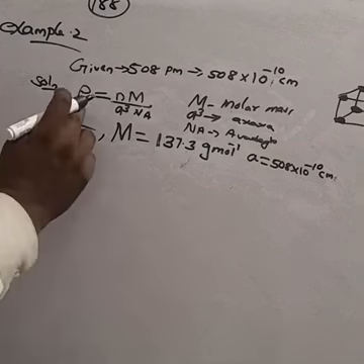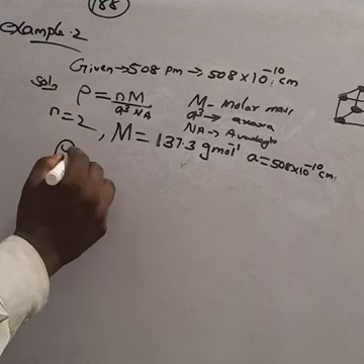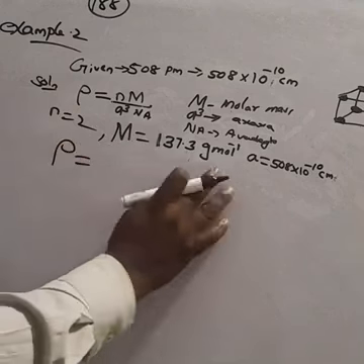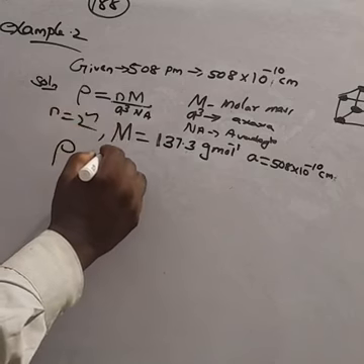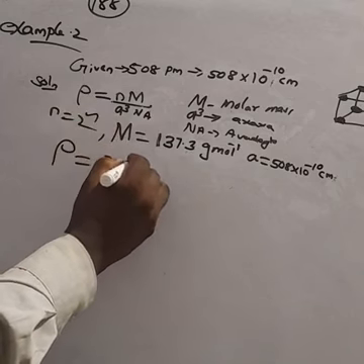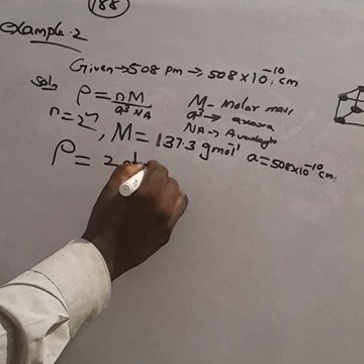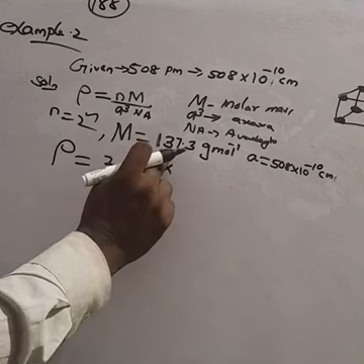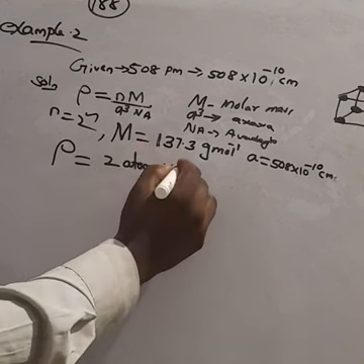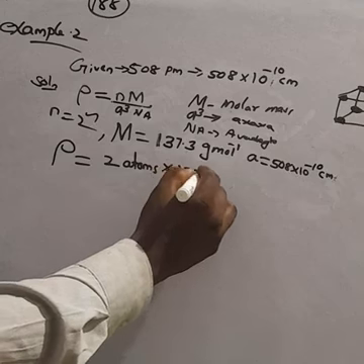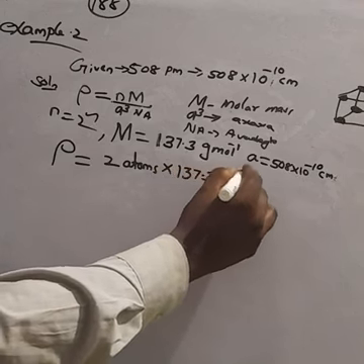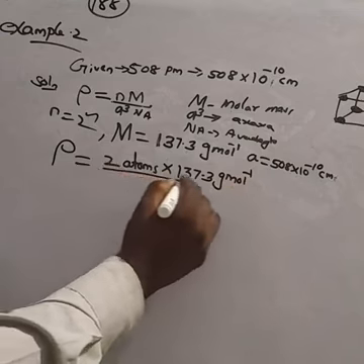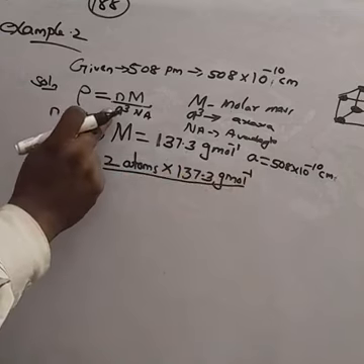Rho is equal to... I gave that body centered means 2 atoms, am I right? Rho is equal to 2 atoms into capital M, given as 137.3 gram mole inverse, divided by, what is the A value?